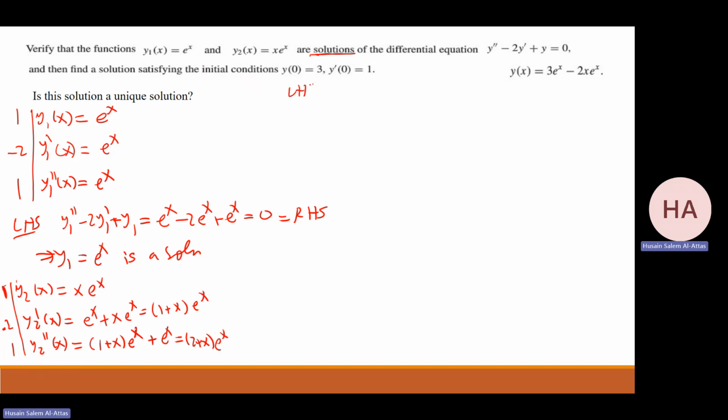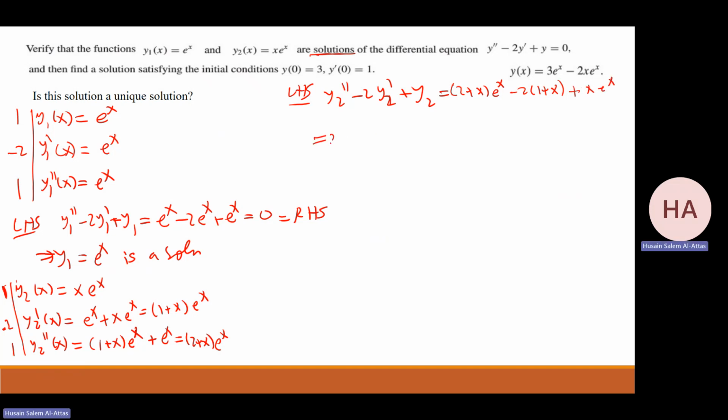So left-hand side, y2 double prime minus 2 y2 prime plus y2. That will be equal to 2 plus x e to the power x, and then multiply by minus 2 times 1 plus x e to the power x.